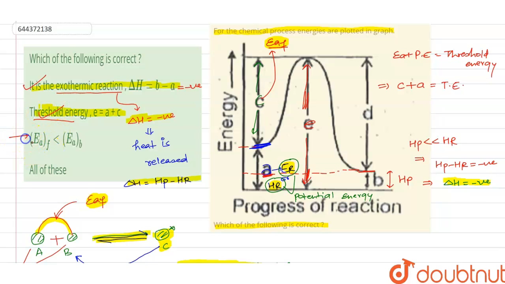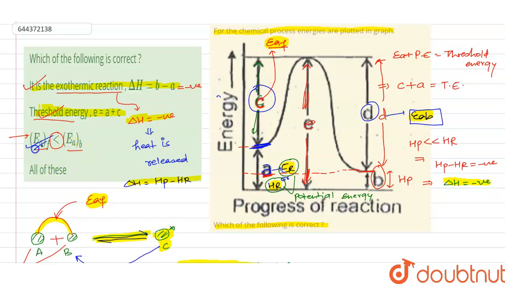Now in case we have EAF less than EAB. EAF is the extra energy required, which is indicated by C, in order to convert the reactant into the product. But in order to convert the product into the reactant, it also requires some additional energy, which is indicated by D, and actually D is EAB. So we can say that the value of EAB, that is D, is greater than the value of C, that is EAF.